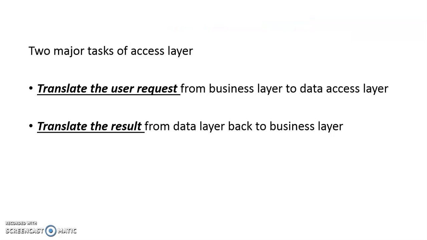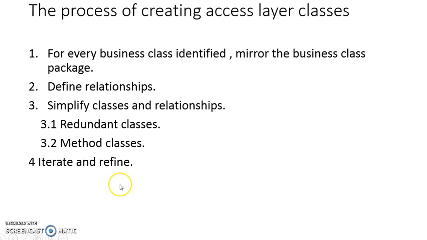Here there are two major tasks for access layer, that is translate the user request from business layer to the data access layer and translate the result from data layer back to the business layer. These are the different processes in creating access layers.